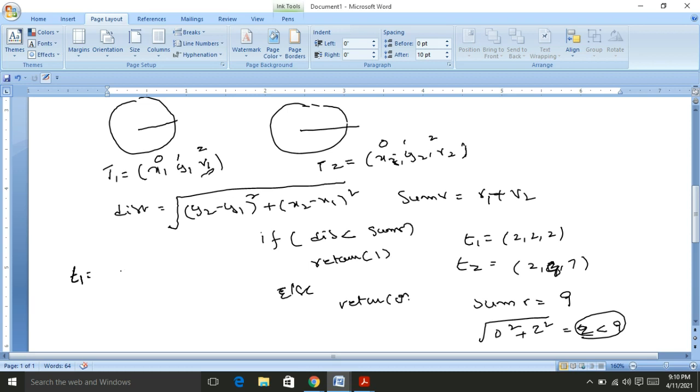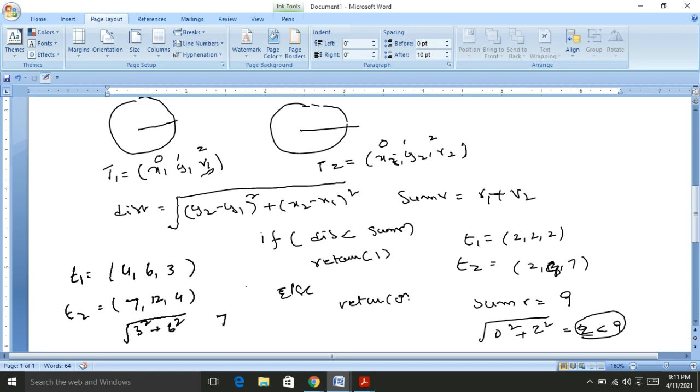T1 equal to, suppose, 4 6 3, because the radius is very small, and T2 equal to, suppose, 7 12 and 4. Now y2 minus y1, 7 minus 4, 3 square, and 12 minus 6, 6 square, this is the square root, and it will be less than or greater than 3 plus 4, 7.